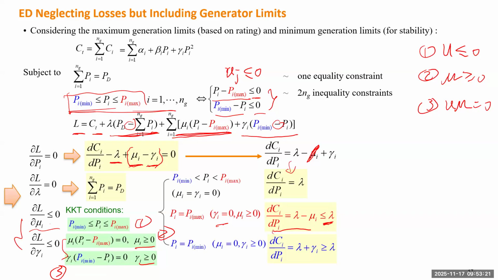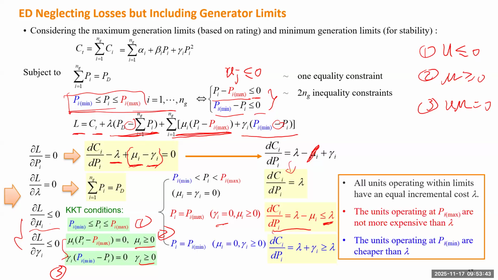Lambda is actually the equilibrium price. And for such a unit reaching the lower limit, this price should be higher than the equilibrium price. This says if a unit is more expensive, we can only allow that unit to operate at the minimal value. We don't allow it to generate more.